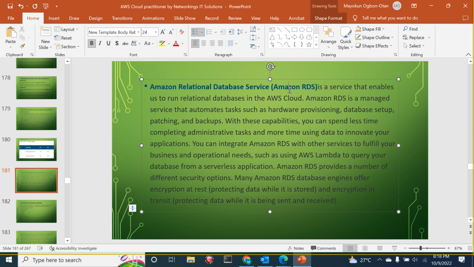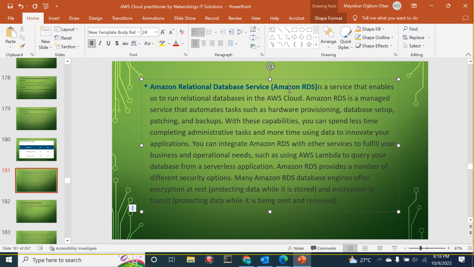With these capabilities, you can spend less time completing administrative tasks and more time using data to innovate your applications. You can integrate Amazon RDS with other services to fulfill your business and operational needs, such as using AWS Lambda to query your database from a serverless application.